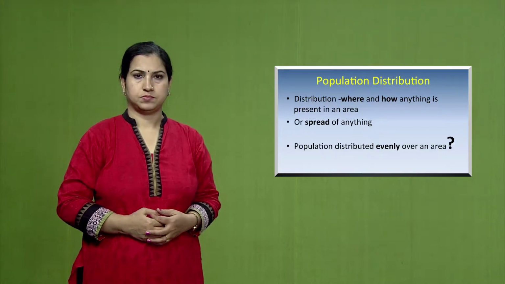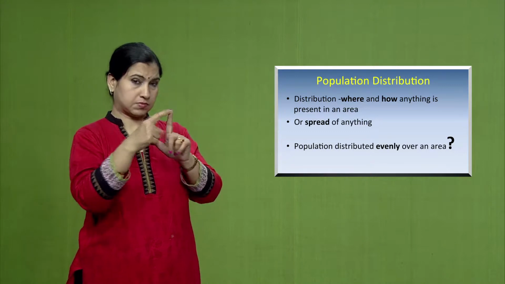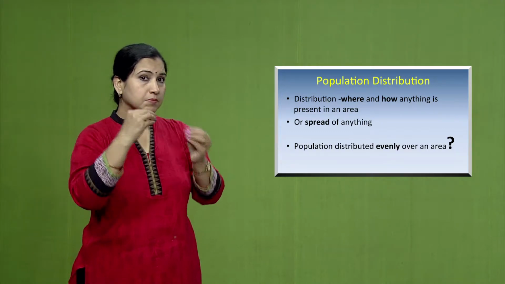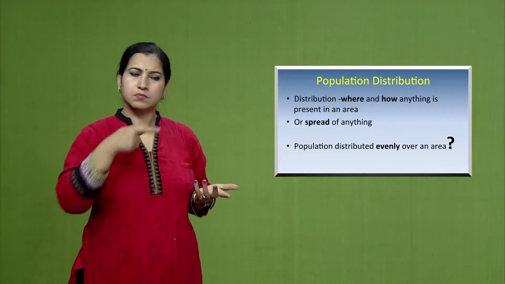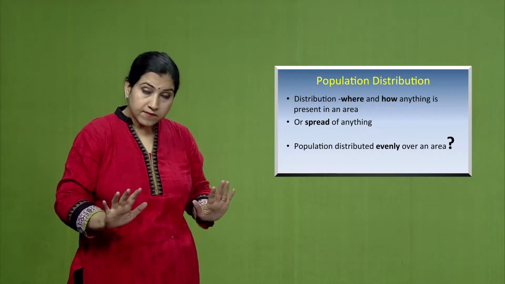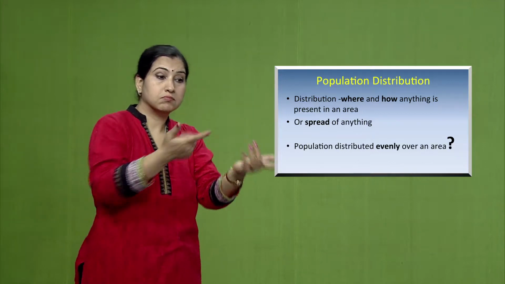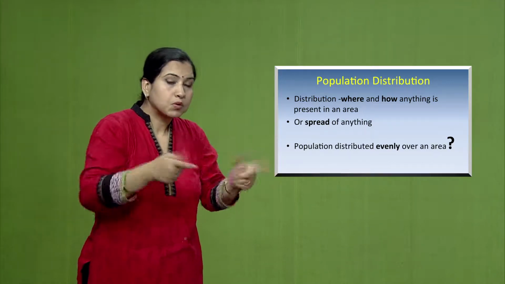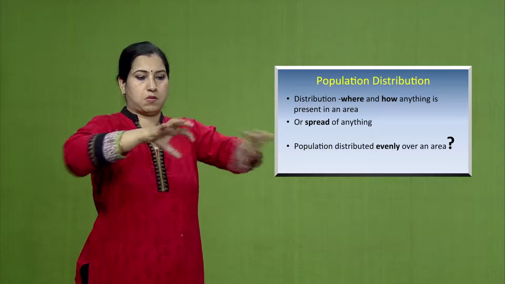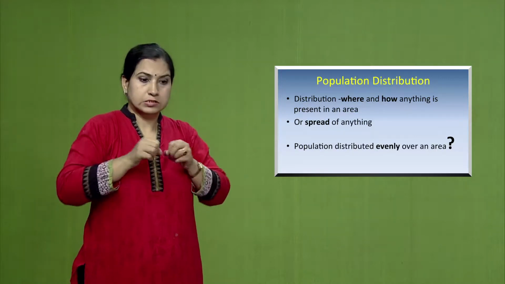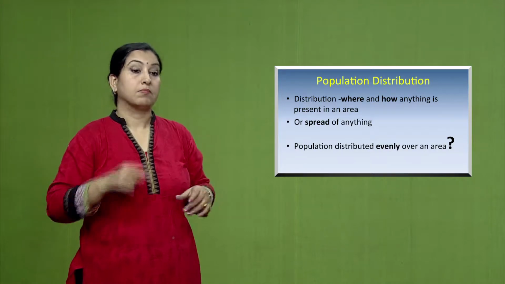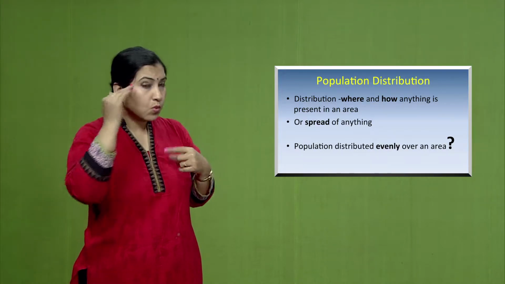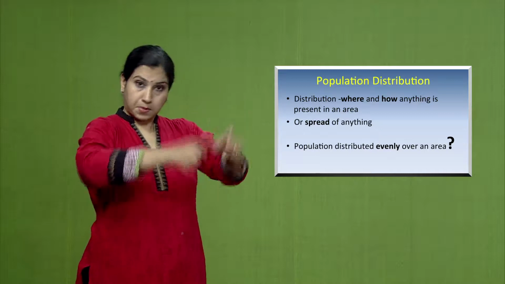What do you understand by distribution? Distribution means where and how anything is present or located over an area. You can also call it spread of anything. In this case, we will know about the spread of population.